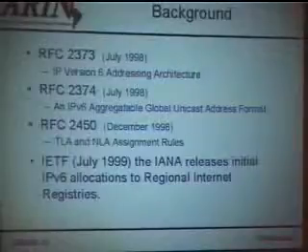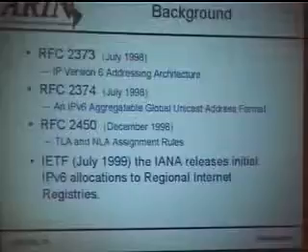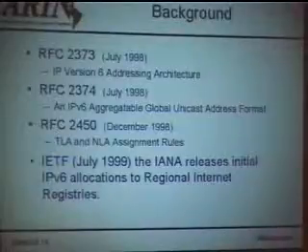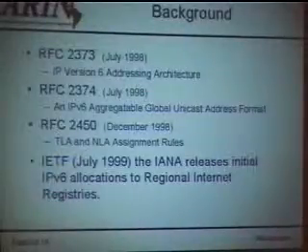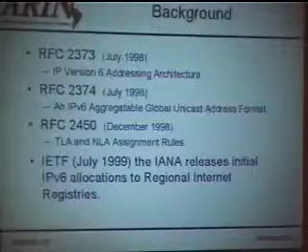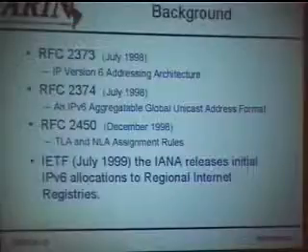In late 1998, the assignment rules for the TLA, the top-level aggregation bits, and the NLA, the next-level aggregation identifier, were set up. And it was within that context, after December of 1998, that the three regional internet registries, or RIRs, set up a series of allocation criteria for IPv6, under which in July 1999, the IANA released the initial IPv6 allocations to the registries.